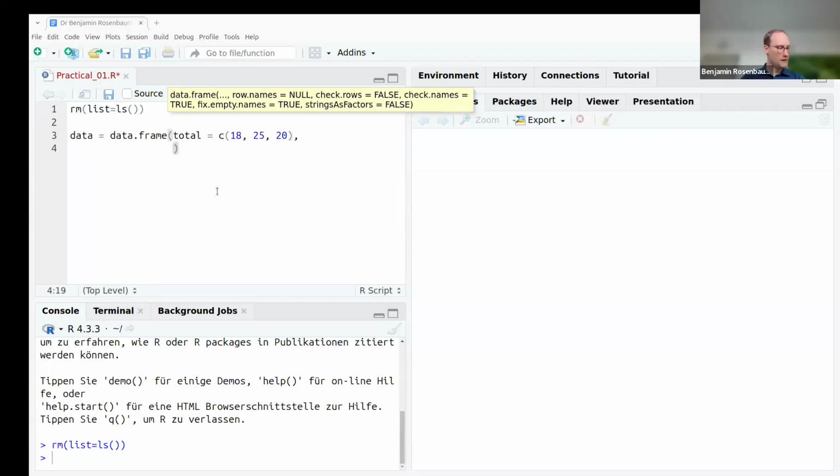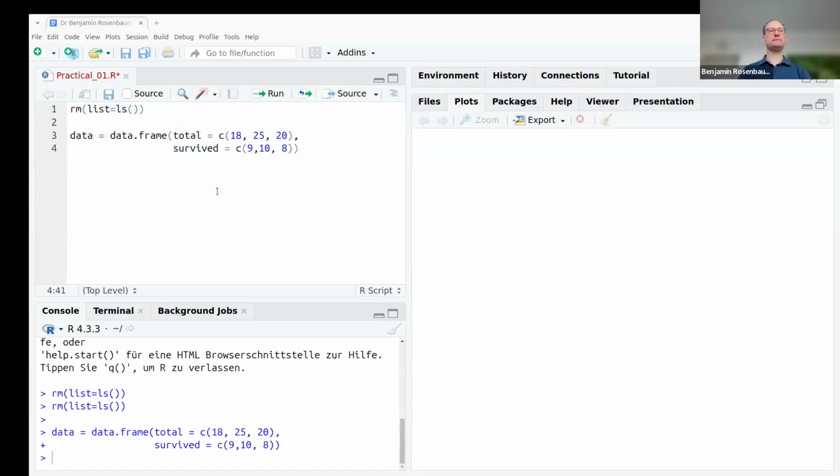And the number of survived is also given, which is 9, 10, and 8. So this is the observation, that's the data set. The question is now, what is the average survival probability?